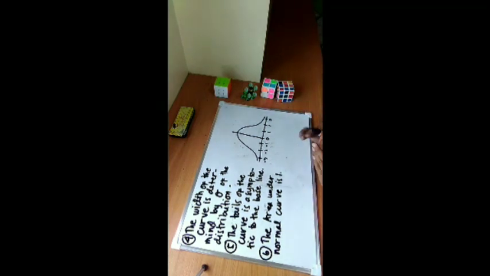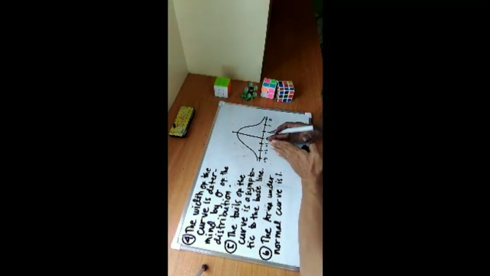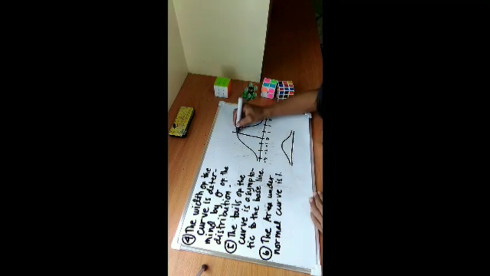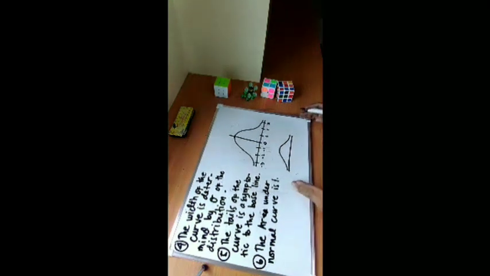If we make the distribution bigger, your graph will probably look like this, meaning the top portion becomes lower and lower while the base area becomes wider. That depends on the standard deviation. Now, if the standard deviation is smaller, then your top portion becomes higher and higher.